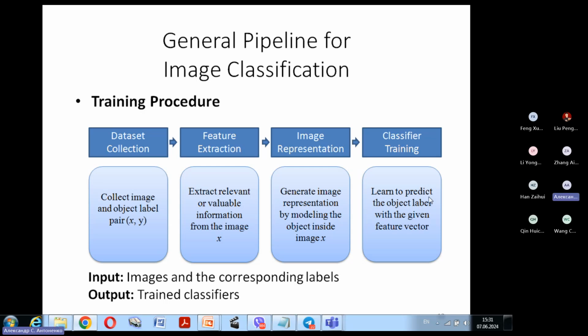We start from a data collection step. So we need to collect images and their object labels. How can we do it? We can find some images in the web, or maybe store or take from some database, but we need to process the images.